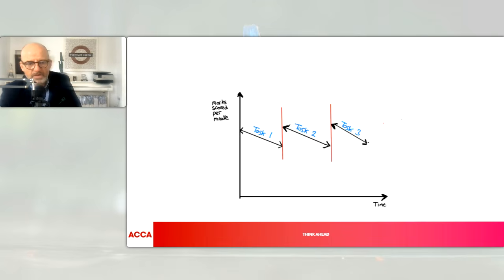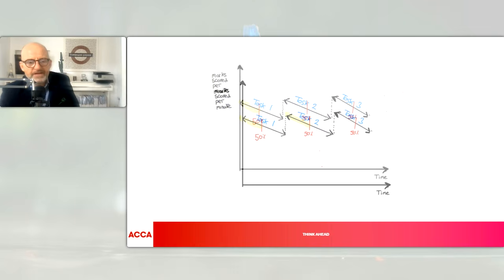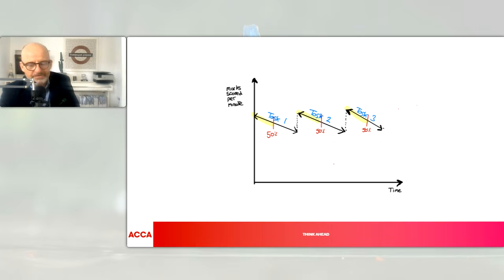They do task 1, they stop, they do task 2, they stop, they do task 3, and they stop. The point I would make to you, though, is that when we are answering exams, what is very important is that the mark score per minute is going to be higher for the first 50% than it is for the latter 50%.